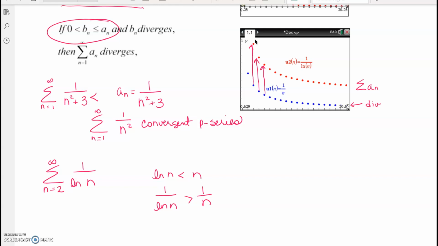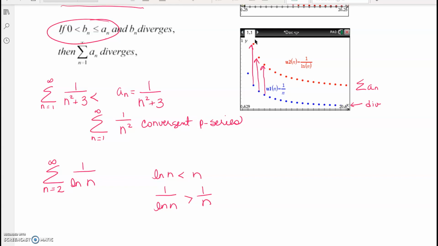I can't do this test with 1 over n squared minus 3 because it's not actually less than a known convergent. It's larger than. It does converge, but I can't use this test. So I'm going to say this now, and hopefully I'll remember to say it at the end.